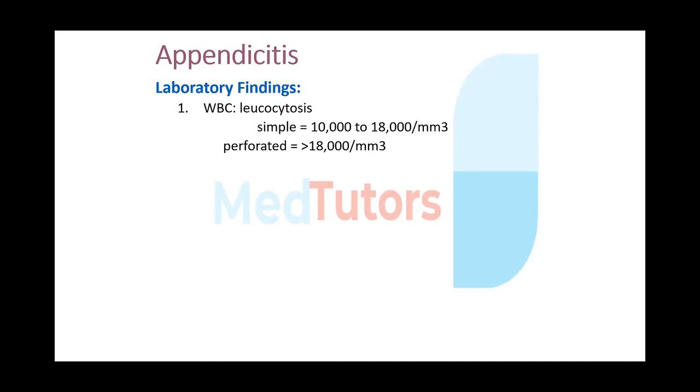White blood cell count, you should know that in simple acute appendicitis ranges from 10 to 18,000 per millimeter cube. However, if it progresses to perforation, the white blood cell count might go beyond 18,000.